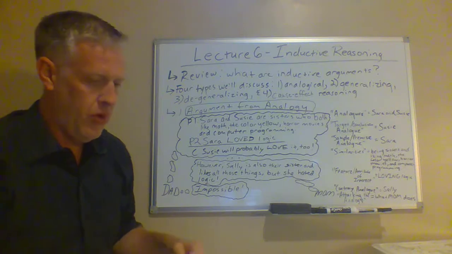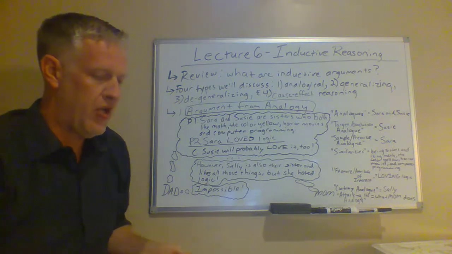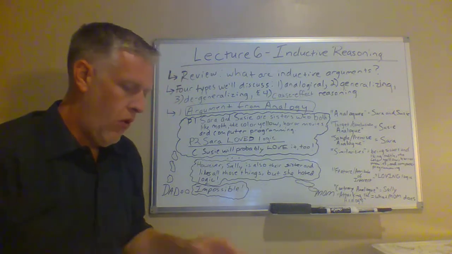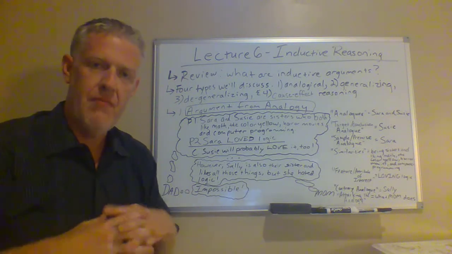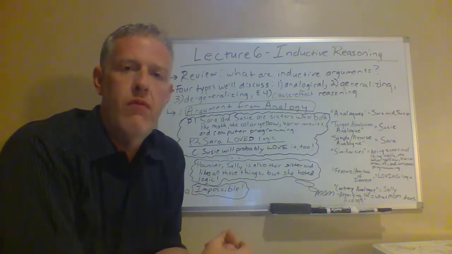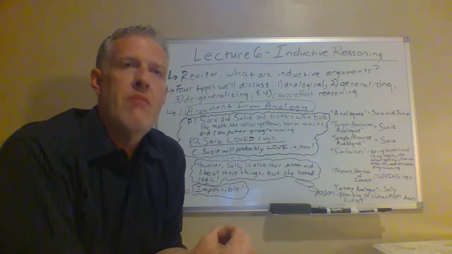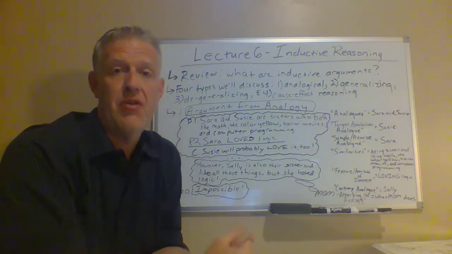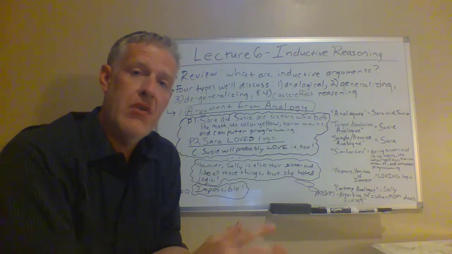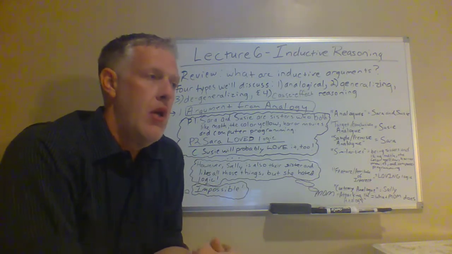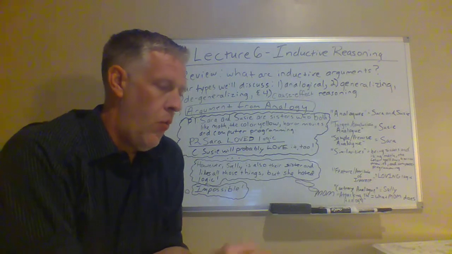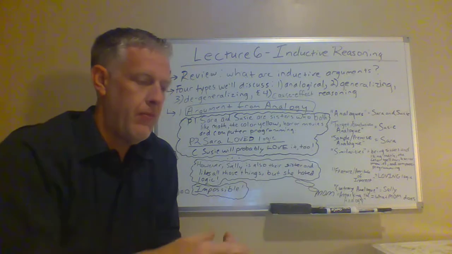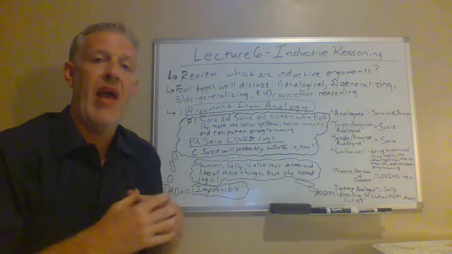So turning to slide 2 of the lecture notes, we'll start by offering a brief overview of what we're dabbling with here, as opposed to the previous 2 lectures. In lectures 4 and 5, we discussed deductive arguments, deductive reasoning, where the person offering the argument thinks that their conclusion has to be the case.